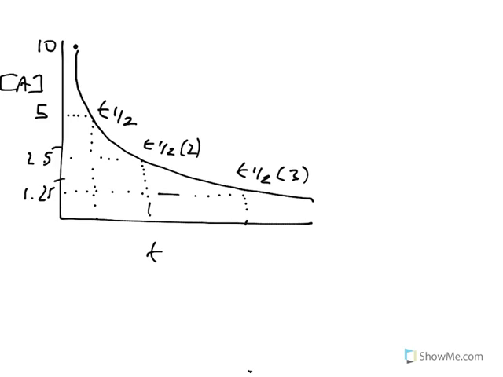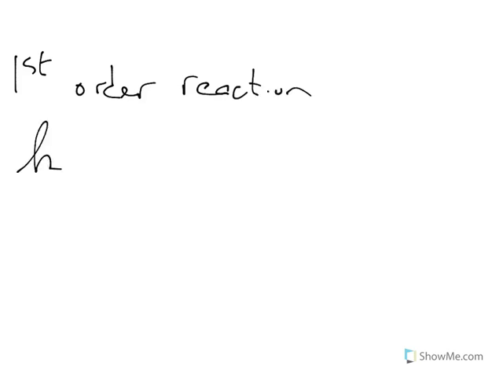So the half-lives are very dependent upon the order of reaction. Why don't we go ahead and look at a first-order reaction, and we're going to write the integrated rate law for it. So the ln of A at time t is equal to minus kt plus the ln of A0.